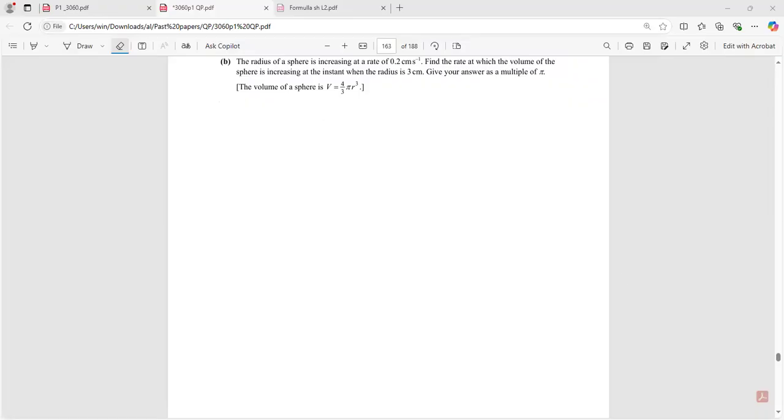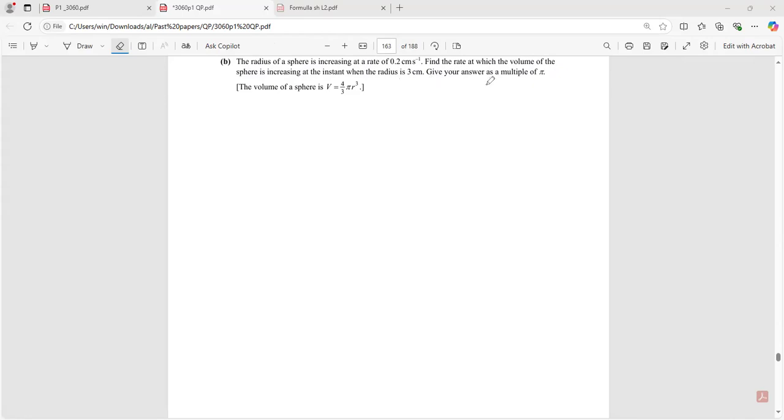Okay, in this question, the radius of a sphere is increasing at a rate 0.2. Find the rate at which the volume of the sphere is increasing at the instant when the radius is 3. So we have a sphere that is increasing at a rate 0.2.